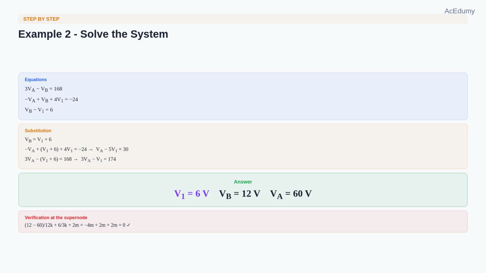Substitute once more. 3 times (5V1 plus 30) minus V1 equals 174. So 14V1 equals 84 and V1 equals 6 volts. Then VB equals 12 volts and VA equals 60 volts. The check is clean. Negative 4 mA plus 2 mA plus 2 mA equals 0.